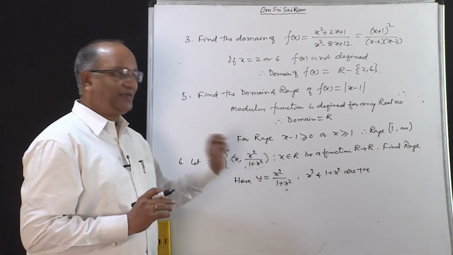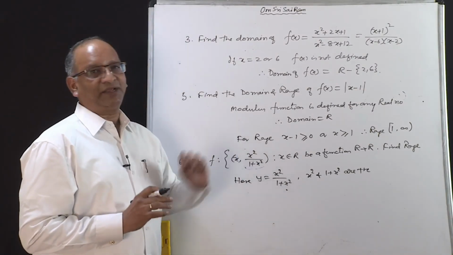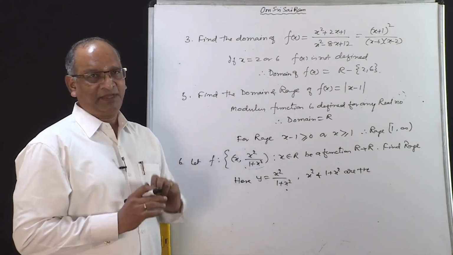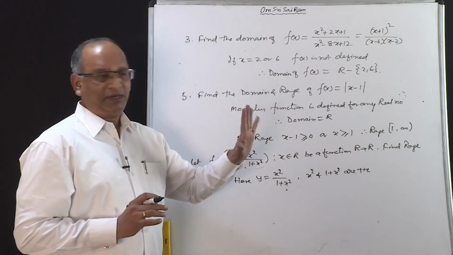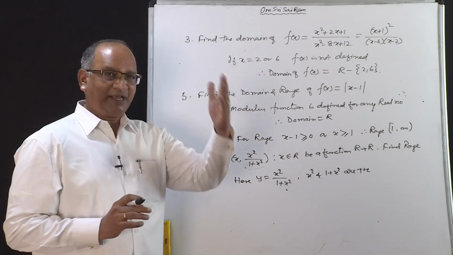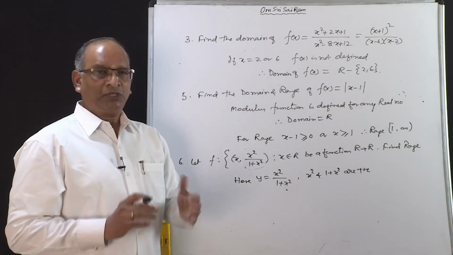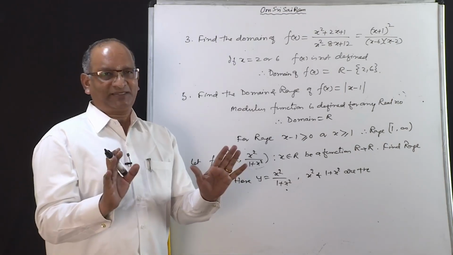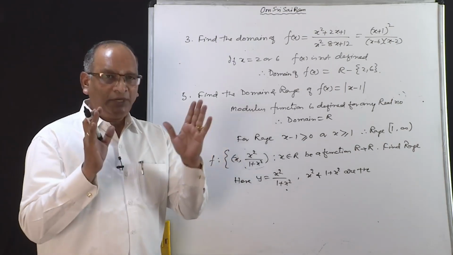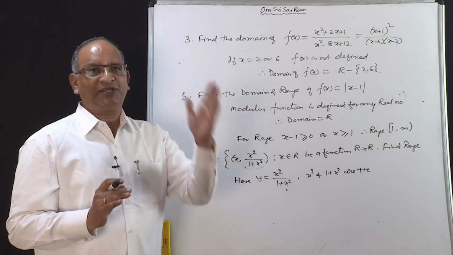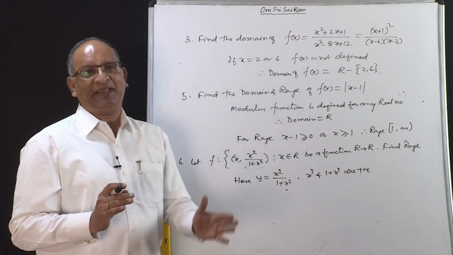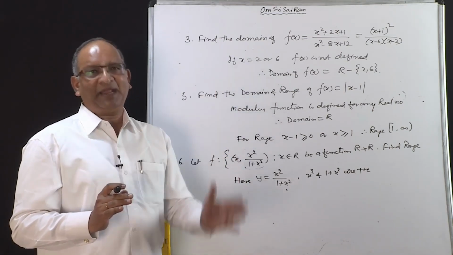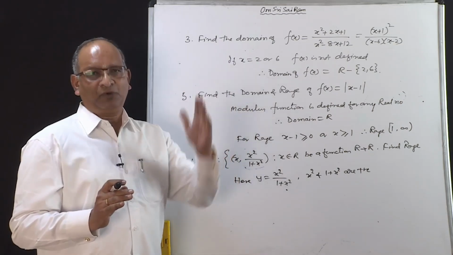Let us say x square is 2, the denominator is 3. So 2 by 3. Let us say x square is 5, the denominator is 6. So 5 by 6. Whatever you substitute for x square, you are going to get a fraction like 2 by 3, 3 by 4, 5 by 6, 7 by 8, 10 by 11, 100 by 101, 200 by 201.